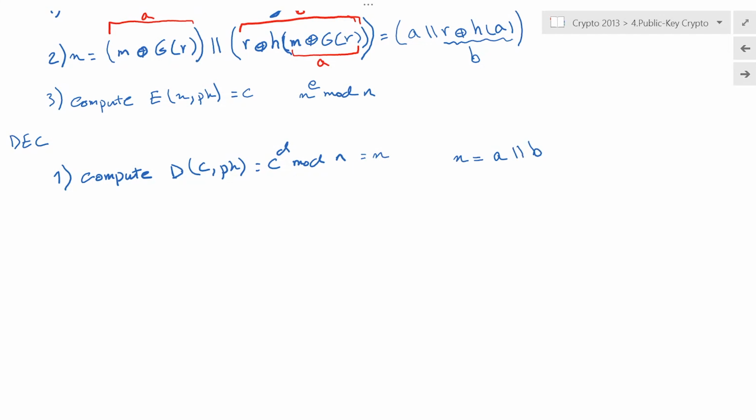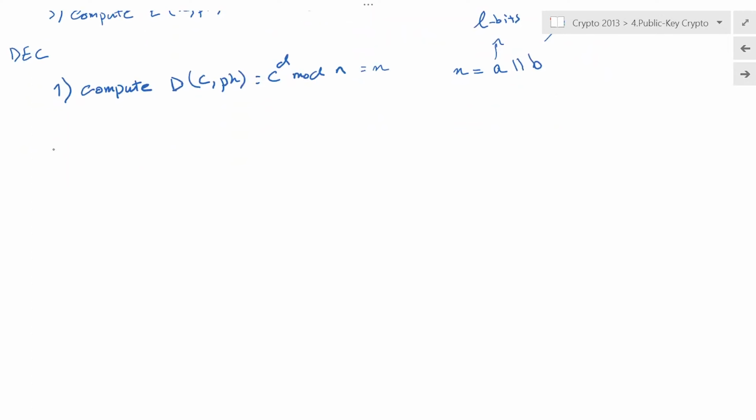How do we know that? We want to take the first L bits to be a, and the rest of them, which are going to be k bits, are b, right? That's how we separate them. When you get the x, you collect the first L bits and treat them as a, and the rest of them, which should be k bits, we treat as b.